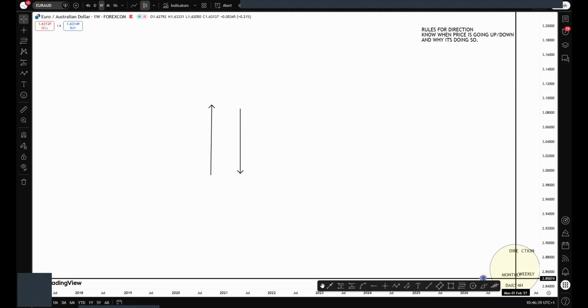Or price is going up because buyers are in control of the market, or price is going down because sellers are in control of the market. You see? So you've noticed how I'm not complicating the whole statement and direction. I'm just saying, you know when and why. That's all.